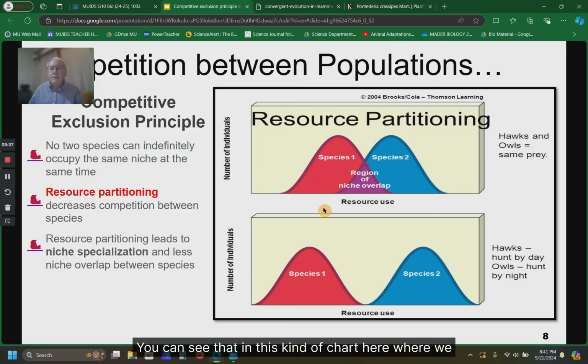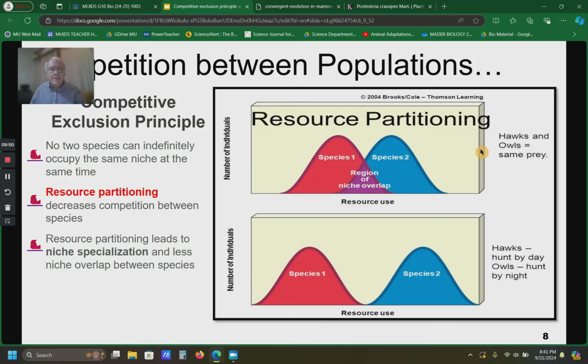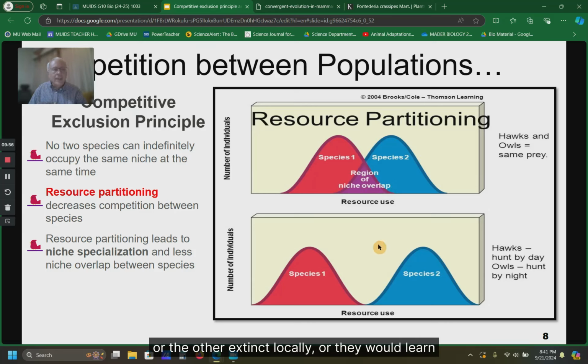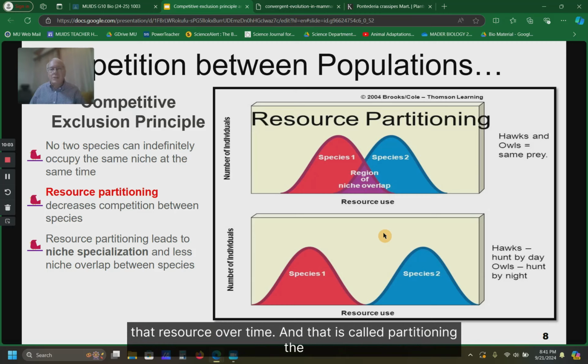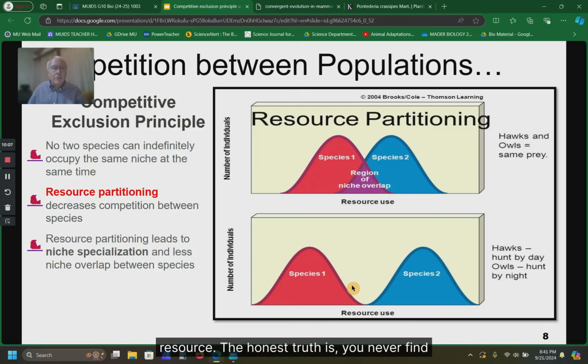You can see that in this kind of chart here, where we have two species which are artificially competing with each other. The example says hawks and owls, which would both be eating, say, small birds or mice. They would either drive one or the other extinct locally, or they would learn in some way to use different versions of that resource over time, and that is called partitioning the resource.